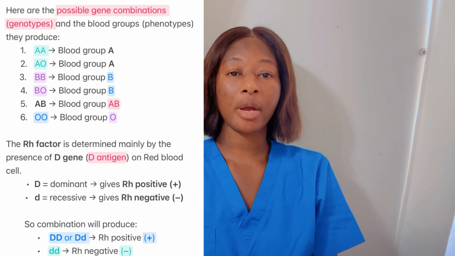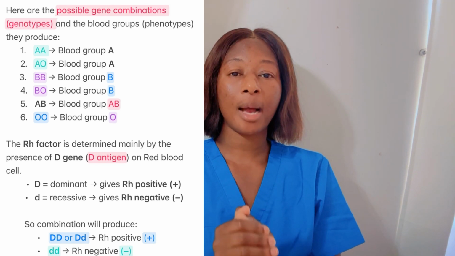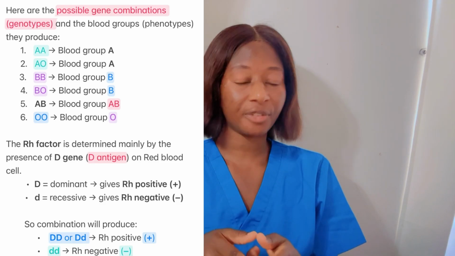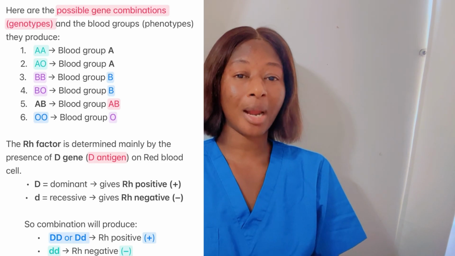And if an individual inherits O from the father and O from the mother, because they are both recessive, they cannot suppress each other, so they will manifest and give us blood group O.